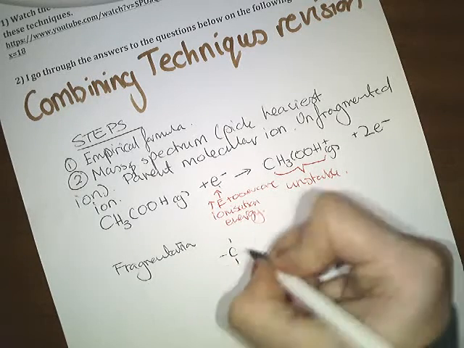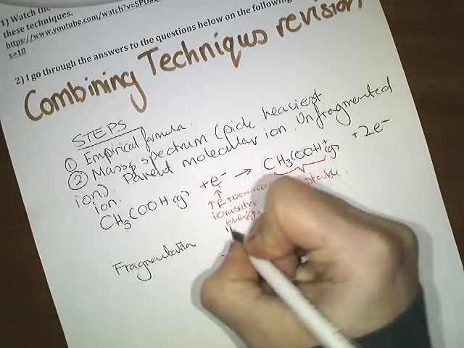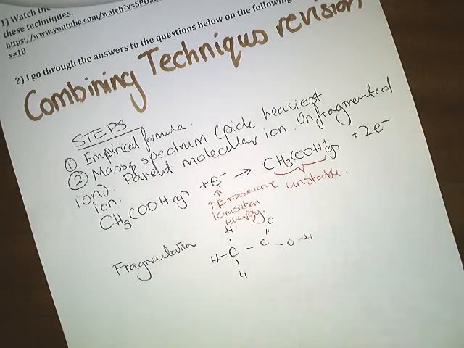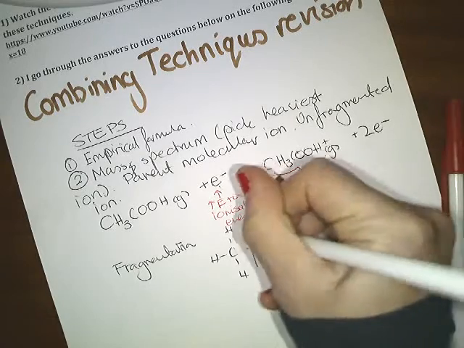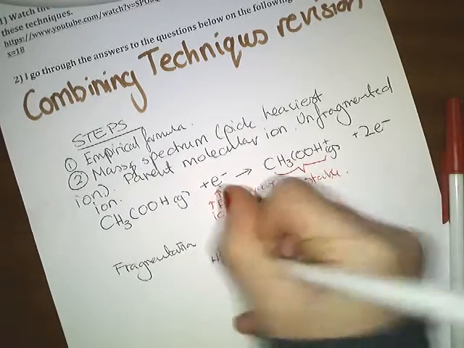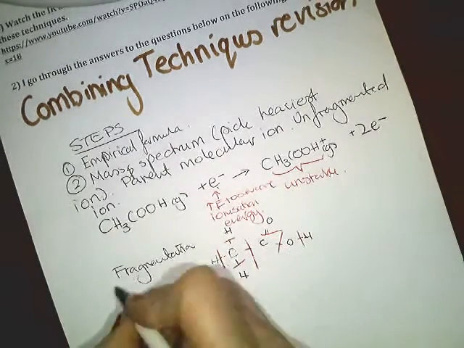Now, when you have a look at your molecule, every time there is a covalent bond, there is a chance for it to fragment. It could fragment there, there, there, there, there, there, or there. Okay? We just have to make sure that it matches up to the correct mass to charge ratio.